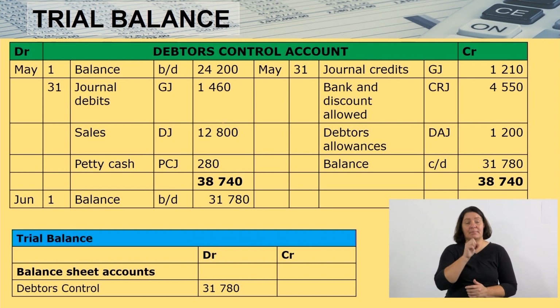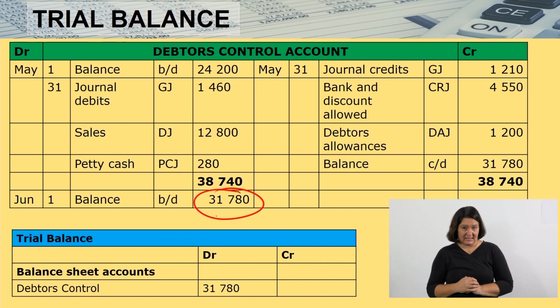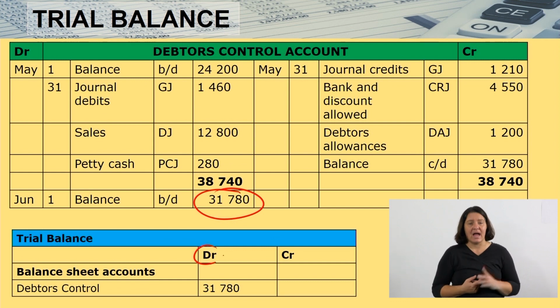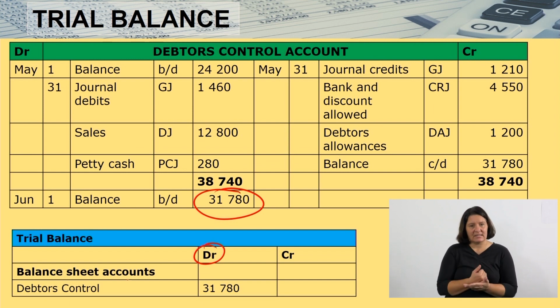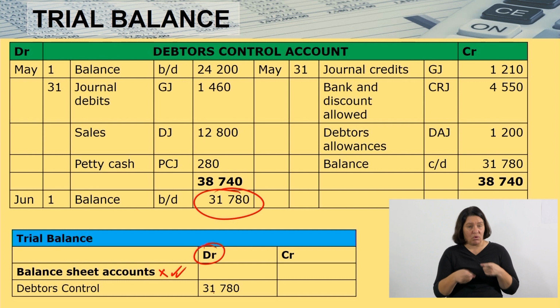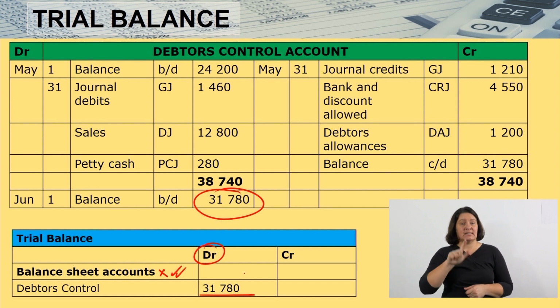Here is my debtors control. Remember, we've completed it. And the amount that I'm going to post is 31,780. Where do I go? I come to my debit side of the trial balance. And it has to be under my balance sheet accounts section here. Can you see that? I'm going to bring in, I'll say, debtors control 31,780.